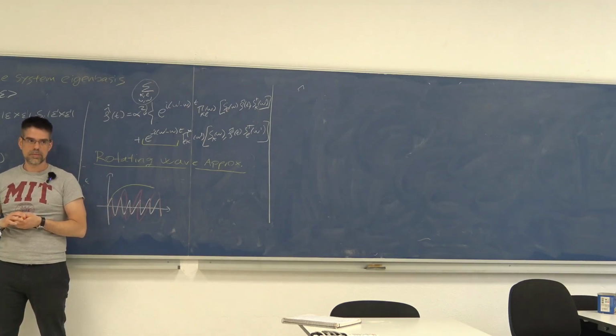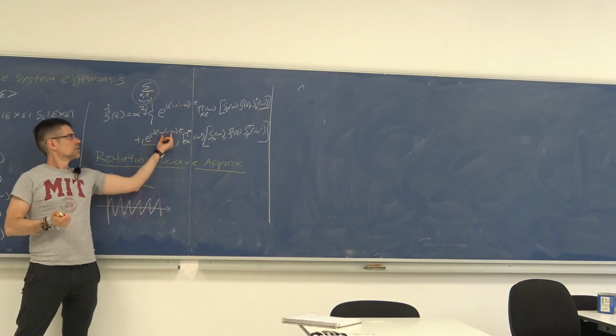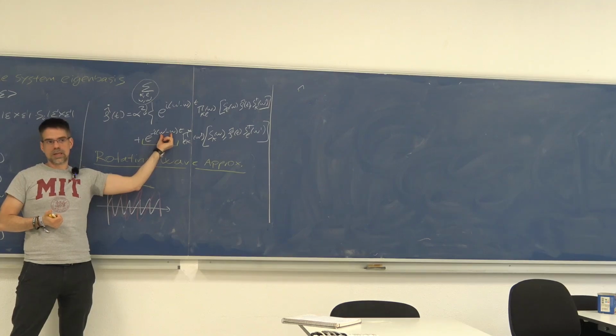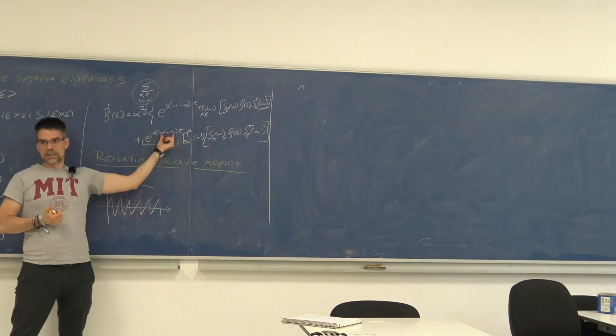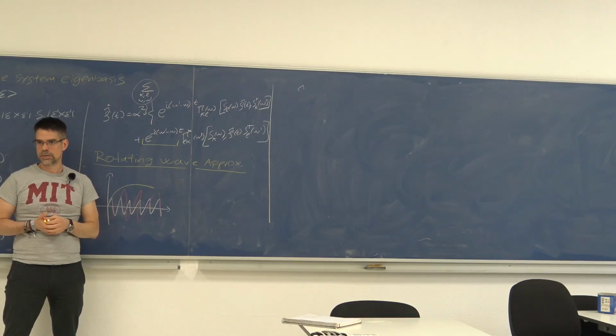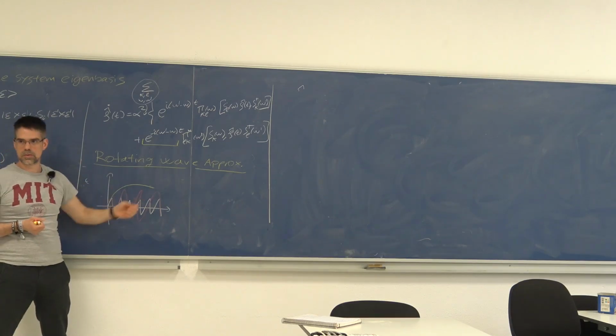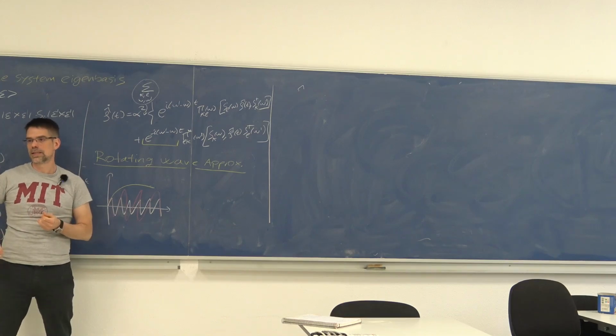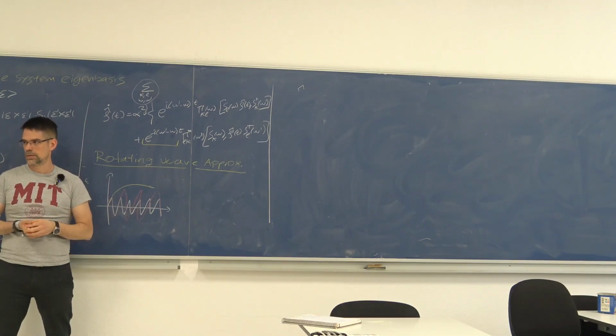The ones that will survive are the ones for which this difference is very small, in the limit case, zero. When this is zero, you have omega equal to omega prime. So you can perfectly forget about this other term. This will be the only one that doesn't cancel when there are fast oscillations.